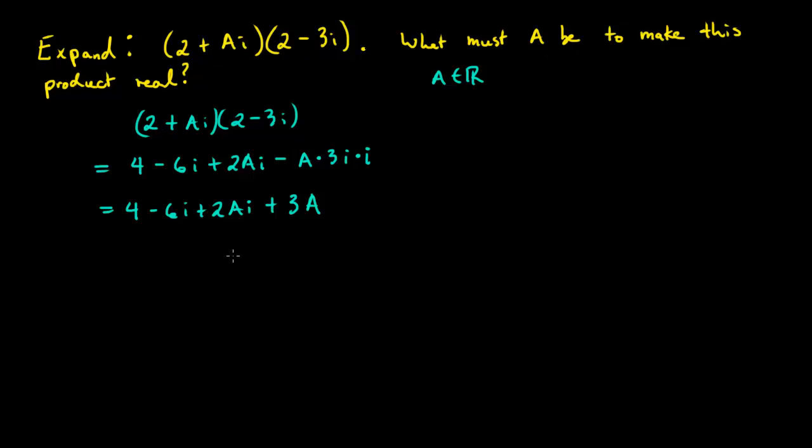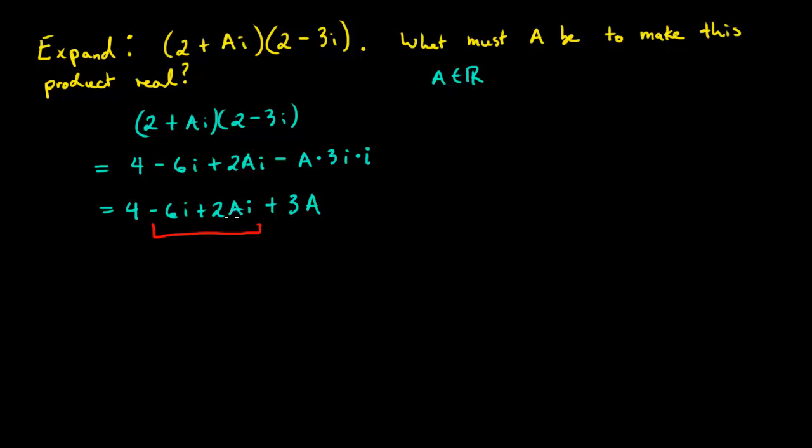So here, notice that the imaginary part of this number comes from these two middle terms. If we want to figure out what a must be to make this product real, I would say, okay, what value of a makes this sum add up to 0?